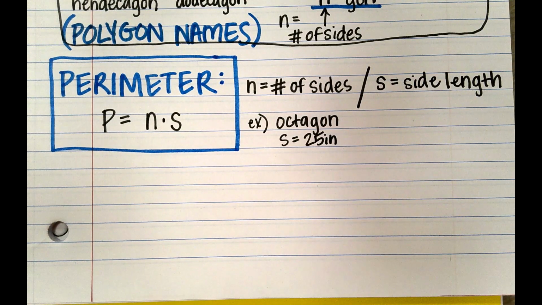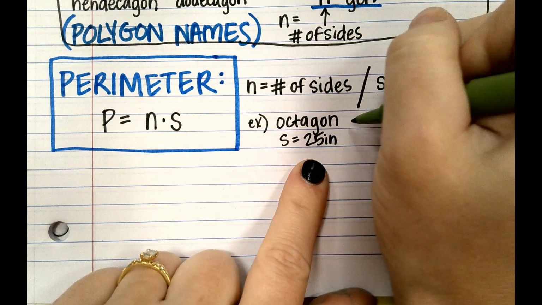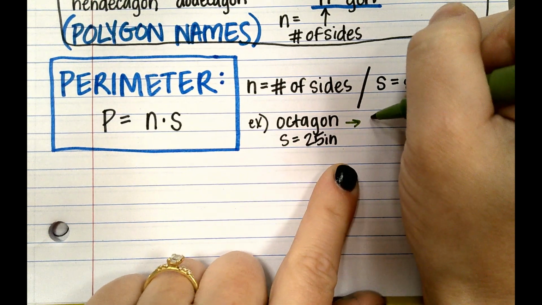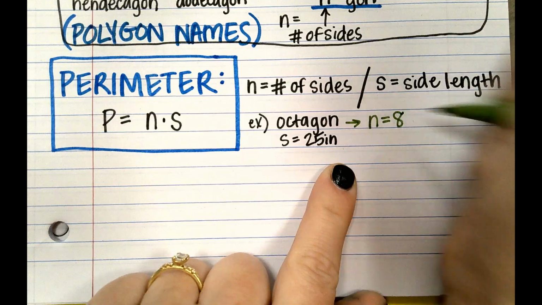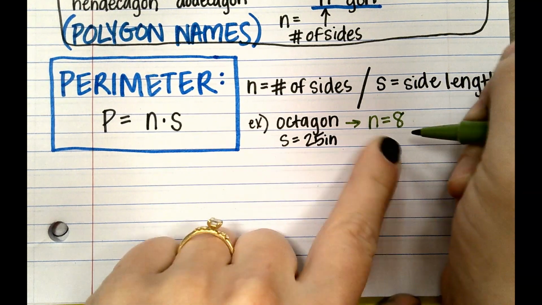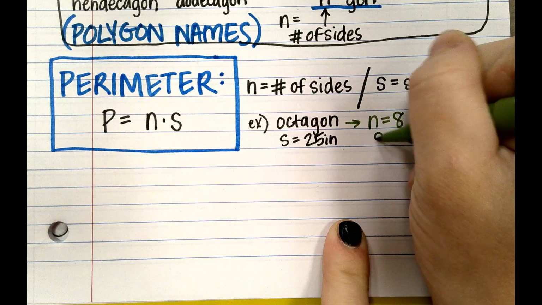A regular octagon. 8 times 25 is as simple as that. Octagon, I know that my side length is 25. My number of sides is 8. So, n times s, 8 times 25.